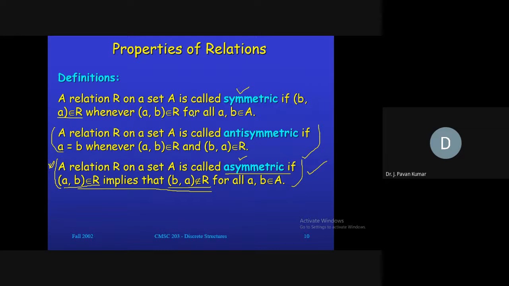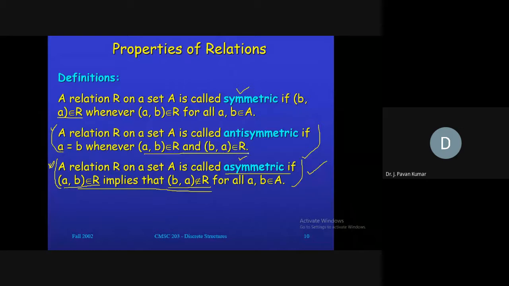But there can be some relations which are not symmetric and not asymmetric as well. Is it clear? Any doubt? No, sir.